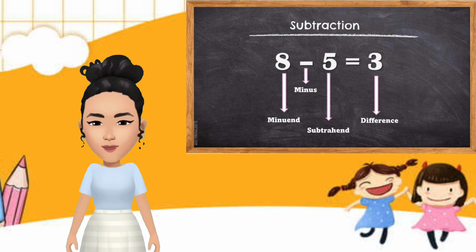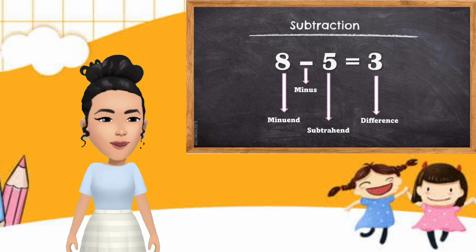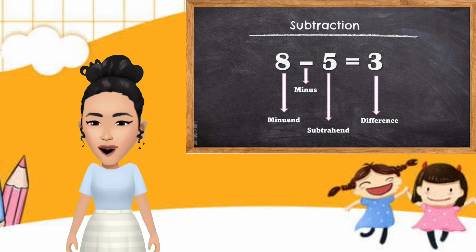Let's take a look at this example. We have 8 minus 5 is equals to 3. As you can see, we have the bigger number or the first number in a subtraction, and in this example, that is the number 8. The number 8 is called the minuend. And from number 8, we take away 5.